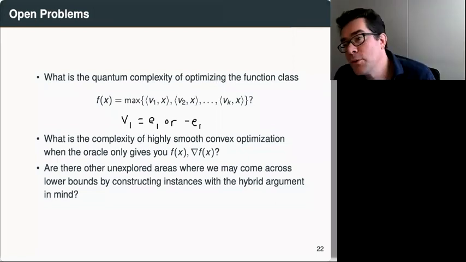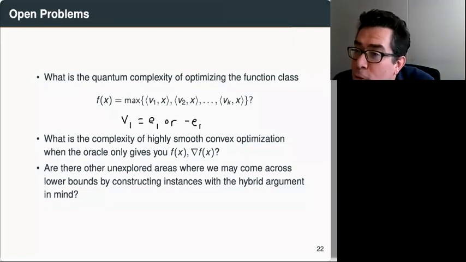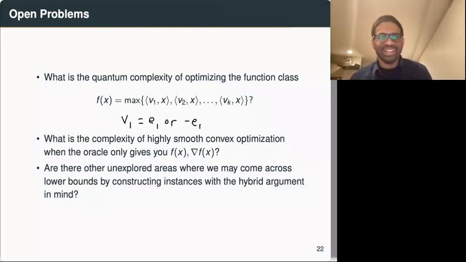So given this result, would your advice be for people to stop working on quantum algorithms for convex optimization? A provocative answer, for general convex optimization, perhaps. I see. Well, but this is an interesting question that had come up in the previous talk, which is how representative is this of problems that pop up in convex optimization?